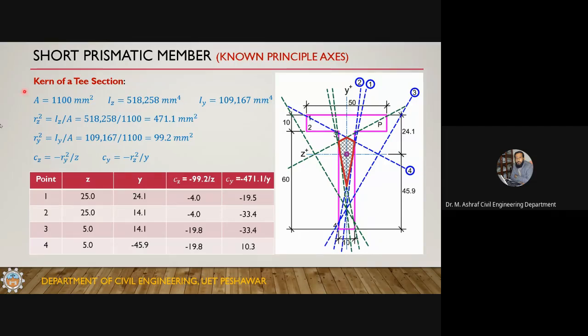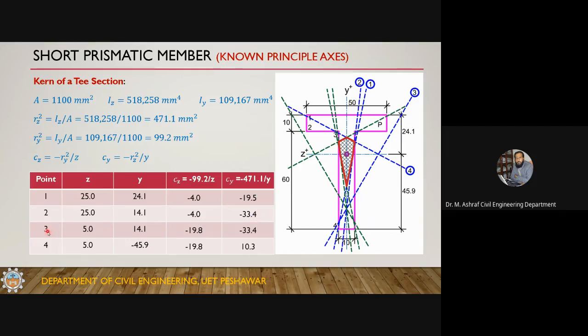Then for point 2, the intercepts are minus 4 and minus 33.4. The first is the same, minus 4, and the other is minus 33.4. Just join these and you will get the second line.